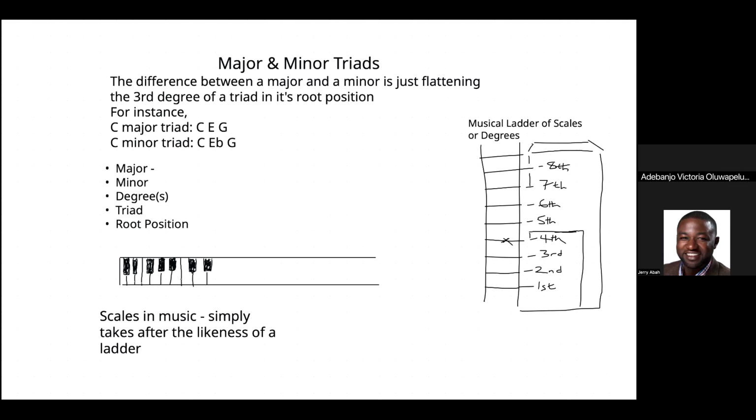All the 12 keys in music have all of these degrees. And once you get to the eighth degree, what happens next? You start all over again. You go back to degree 1. So let's assume, for clarity, that our ladder has only 8 degrees, because after 8 we'll go back to 1 and start all over again.